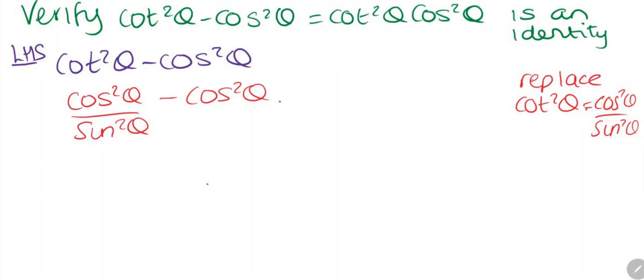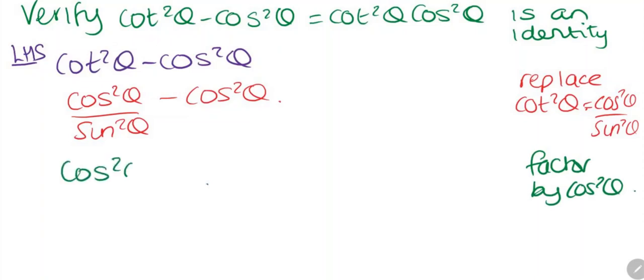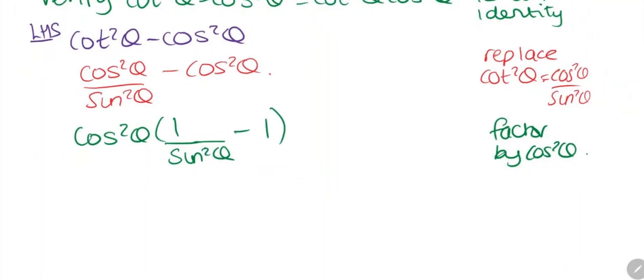So the next thing we're going to do is factor by cos squared theta. So if I do this, this is going to be multiplied by 1 over sine squared theta minus, let's keep that separate, minus 1. Now 1 over sine squared theta is cosecant squared theta, so I'm going to replace.